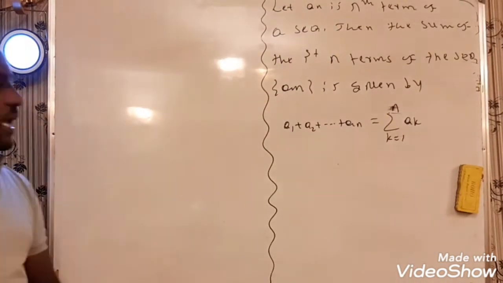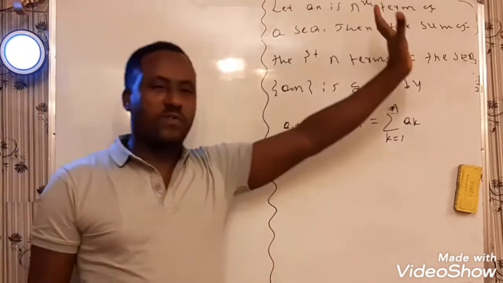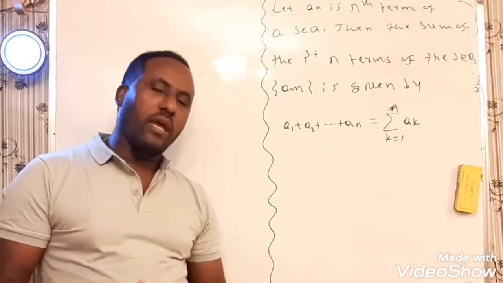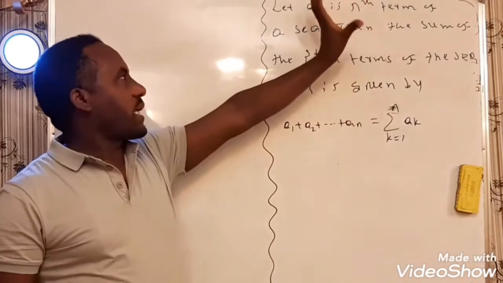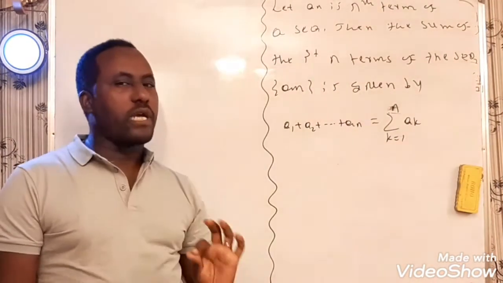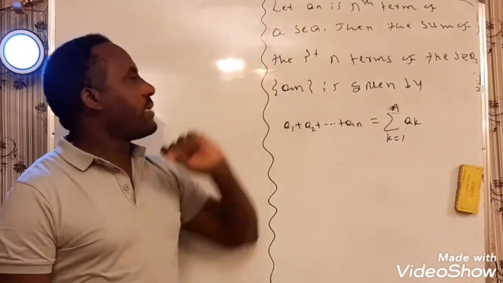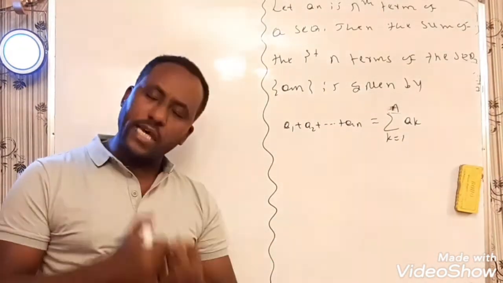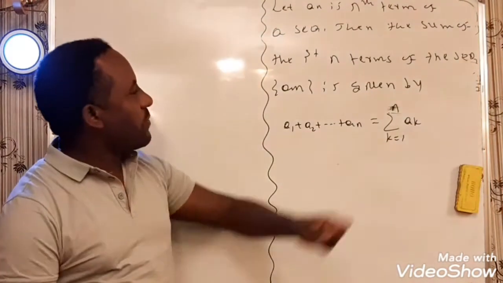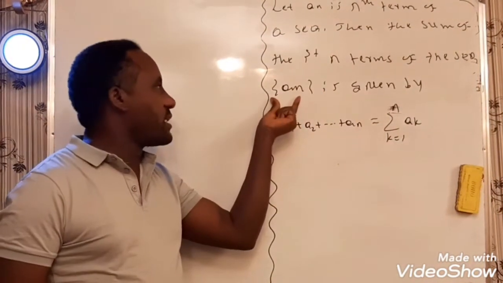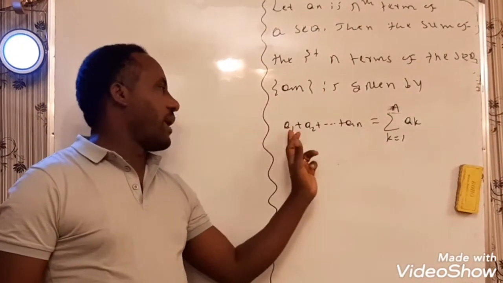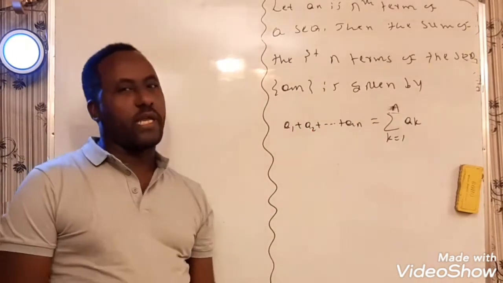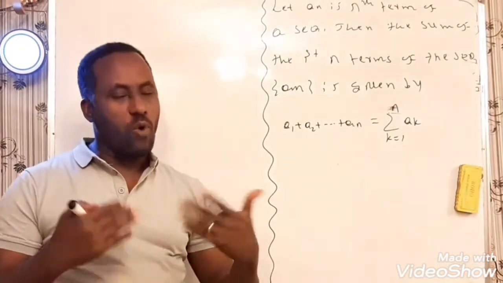Now look, this is a very important concept of sigma notation. I already assumed a_n is the nth term of an arbitrary sequence. Then the sum of the first n terms of the sequence is generally given by a_1 plus a_2 plus dot dot dot. What does a sum mean in general?